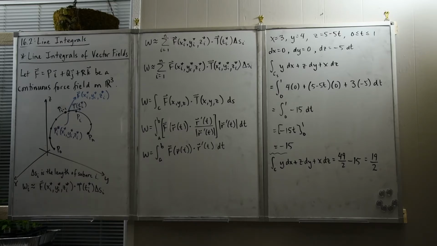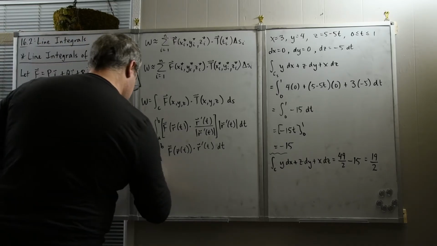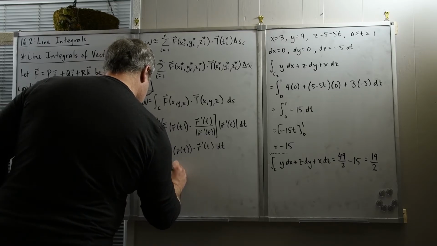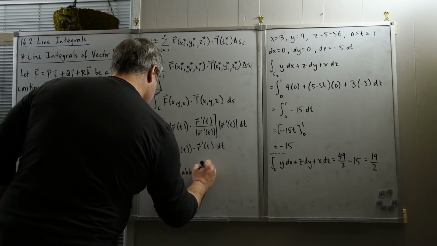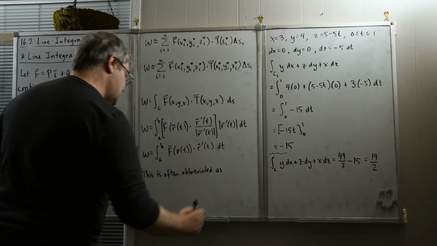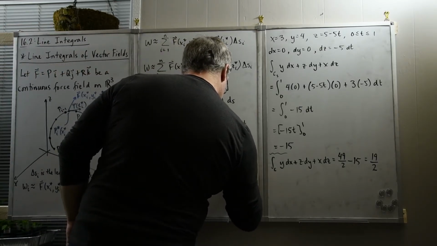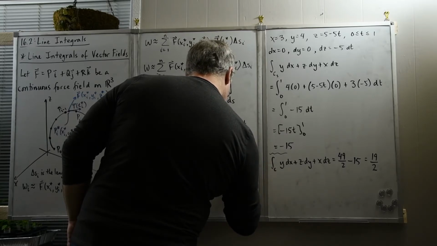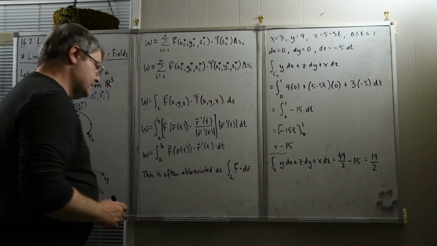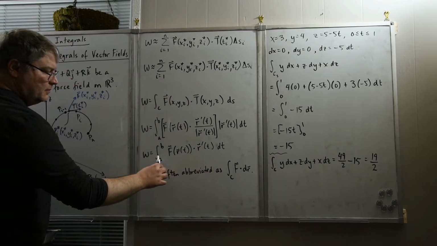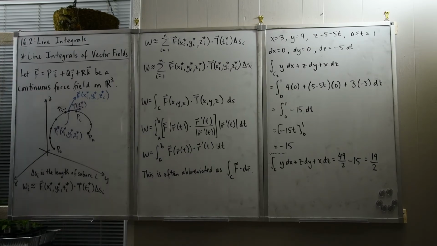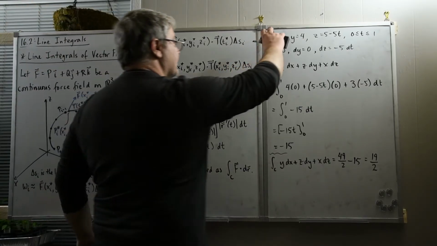Oftentimes we abbreviate this, and the way we abbreviate it is the integral of F dot dr along C. So this oftentimes is represented with this notation. So we'll go back to our definition. We'll let F be a continuous vector field defined on a smooth curve C.